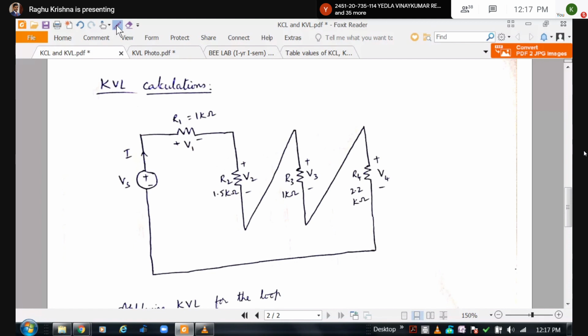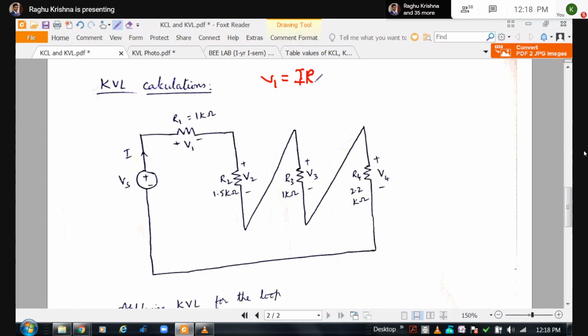So I am writing V1 is equal to I into R1. What about V2? I into R2.